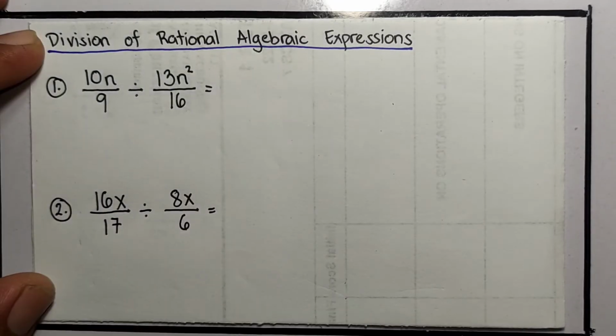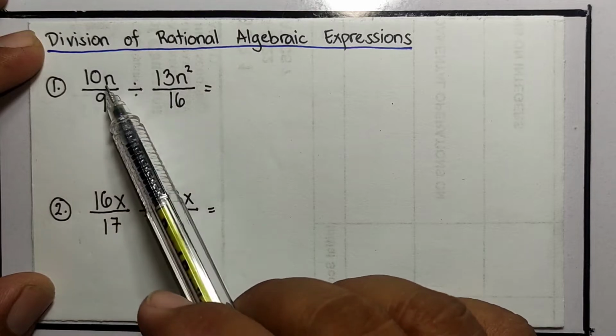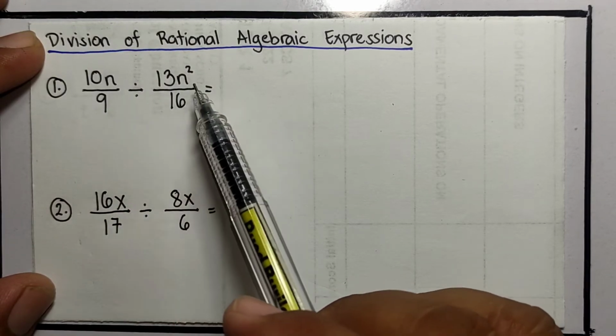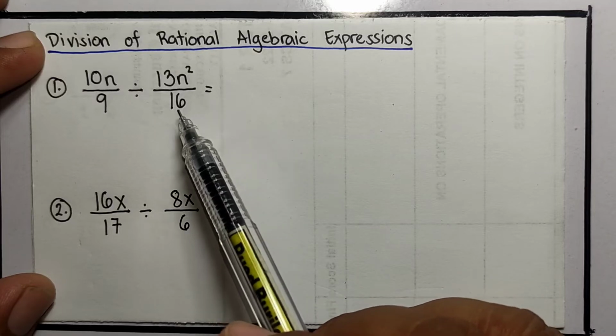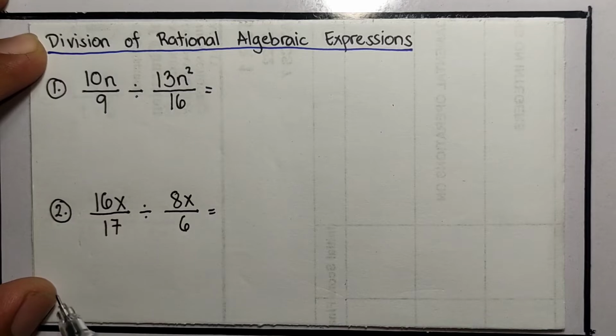Let's have here the first example in division of rational algebraic expressions: 10n over 9 divided by 13n squared over 16.